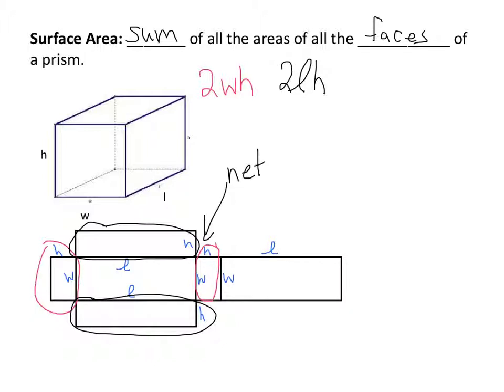Then our last shape is this big middle one, which is our width and our length, but that's also times 2. And since it's the sum, because we put these all together, it's all of these added together.